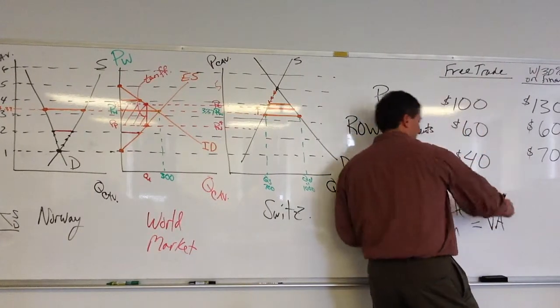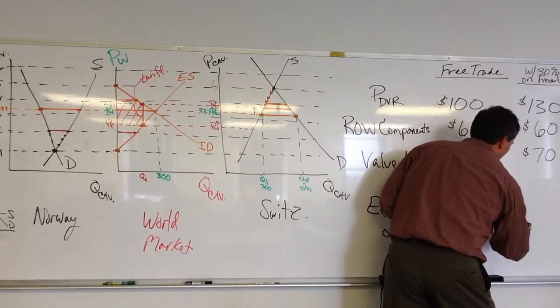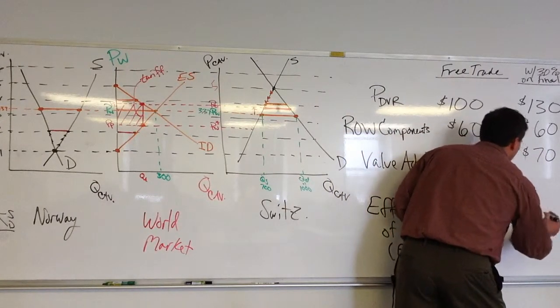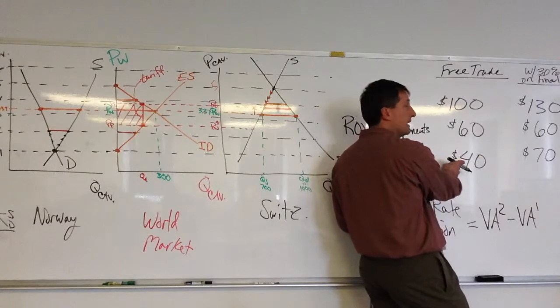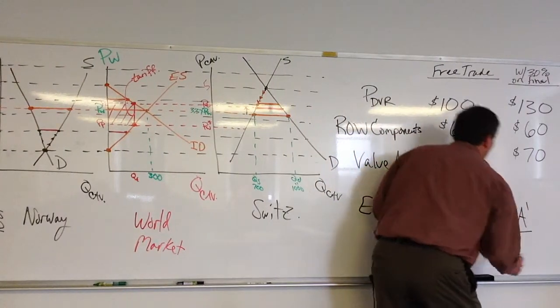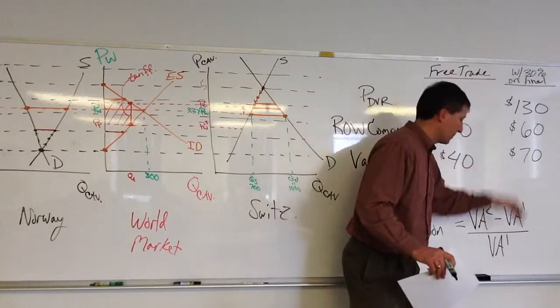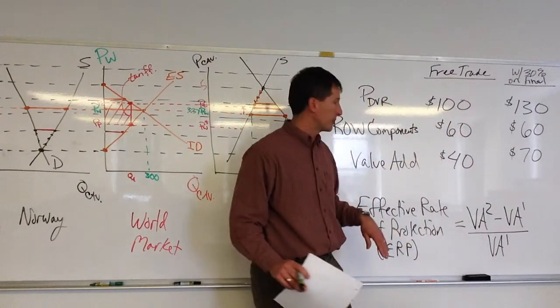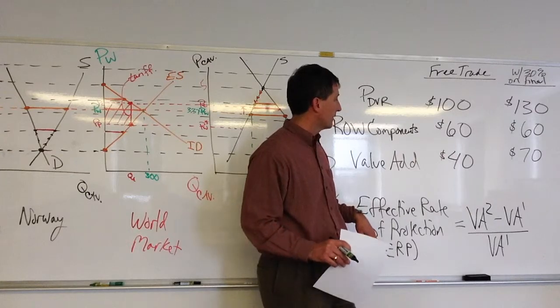Value added in the second state minus the value added in the first state of affairs, which would be pre-tariff, divided by the old number. Just new number minus old number divided by old number. Same way we've calculated percentage changes in a number of different areas.